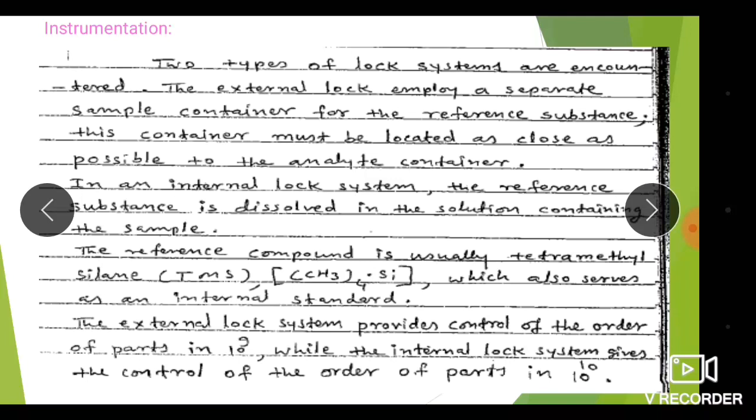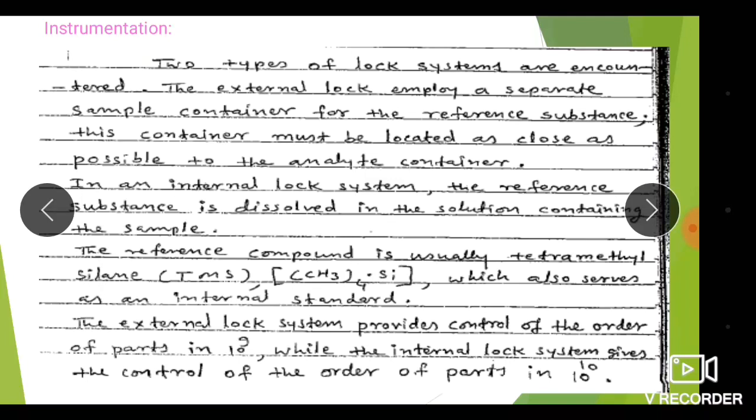So two types of frequency lock systems are encountered. The external lock employs a separate sample container for the reference substance, and this container must be located as close as possible to the analyte container. In the internal lock system, the reference substance is dissolved in the solution containing the sample.